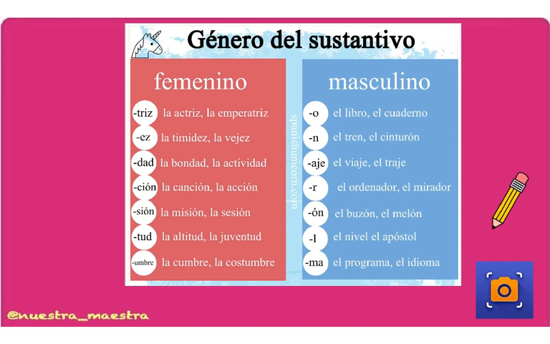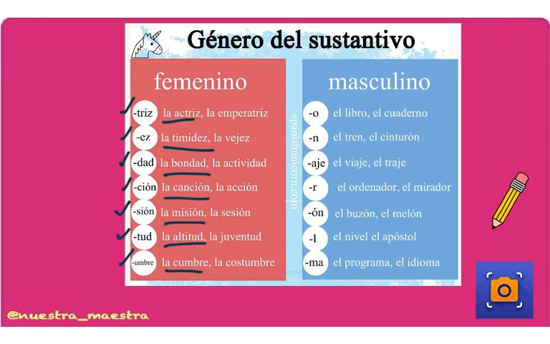Feminine nouns will end in triz, ez, dad, sión with an S, tud, and umbre. In your notebooks, write down at least the first example. You don't need to write both, but at least the first one. Those are your feminine nouns.